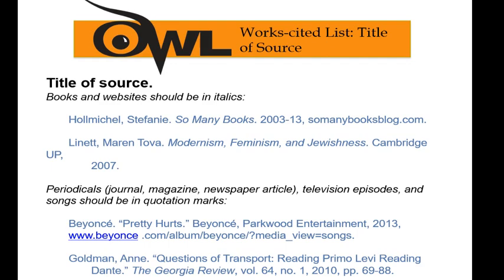Well, it says periodicals, journal, magazine, newspaper article, television episodes, and songs should be in quotation marks. So if you are citing a journal, magazine, newspaper article, television episodes, and songs, you have to put the name of the article between quotation marks.